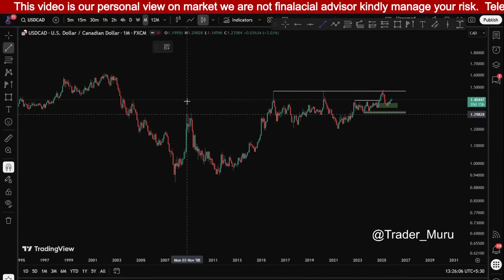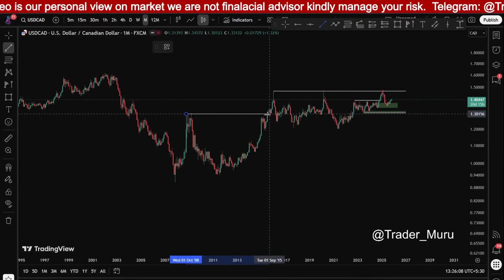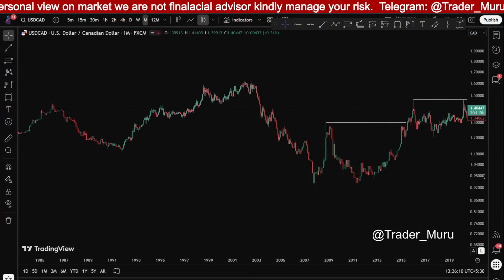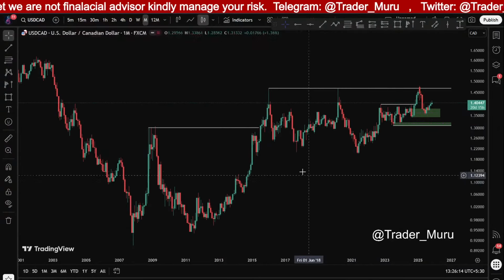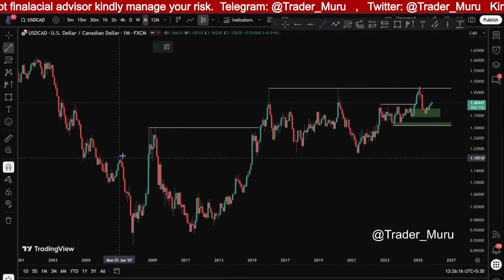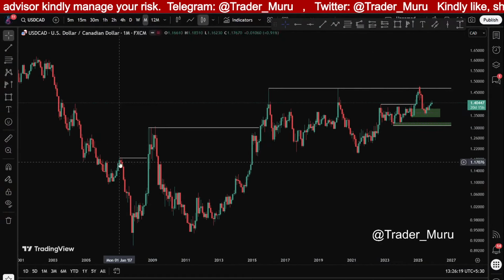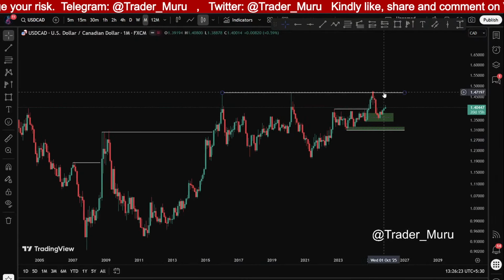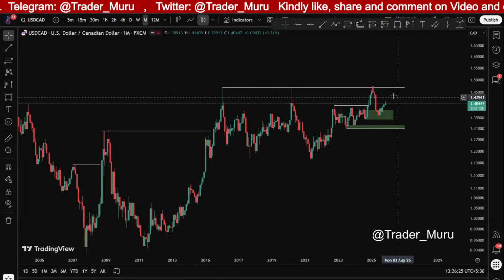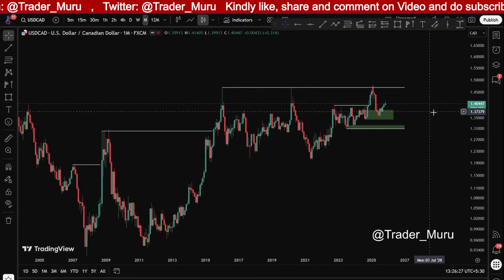See this. Change of character, break of structure, again going upside. This is the high. Is it a candle closing or not?